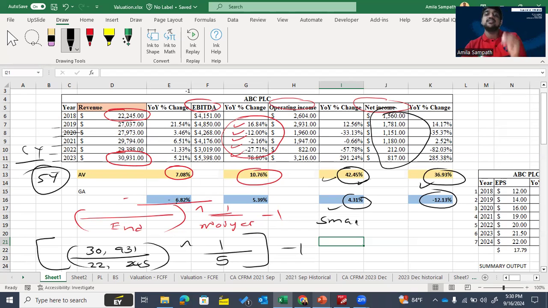Then again, there is an issue of using both the arithmetic average and the geometric average, because from the arithmetic average it is 36.93, an increase in net income of 36.93. It is abnormal. Then negative 12.13 is also not okay to use, because it is negative growth.